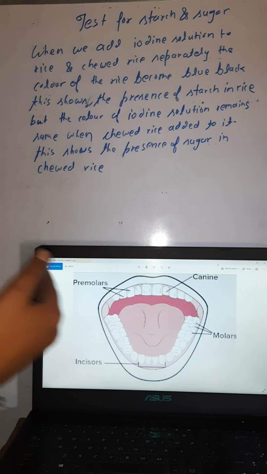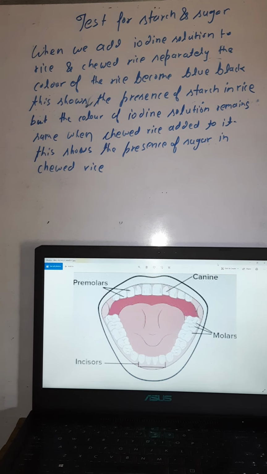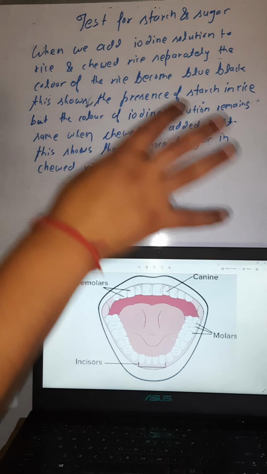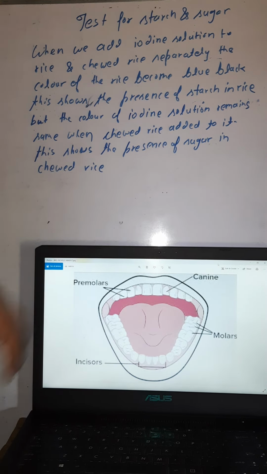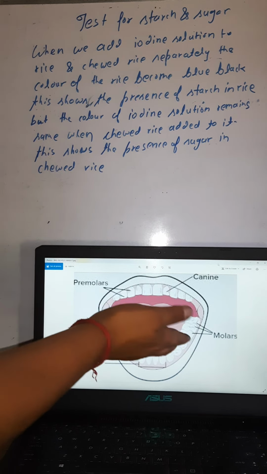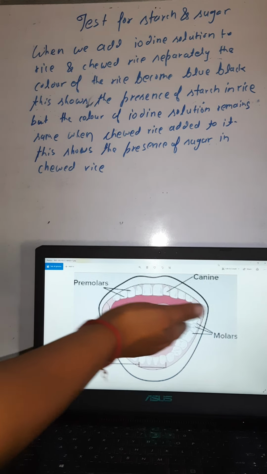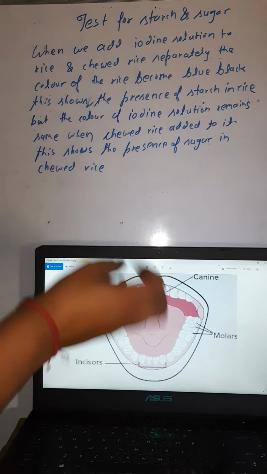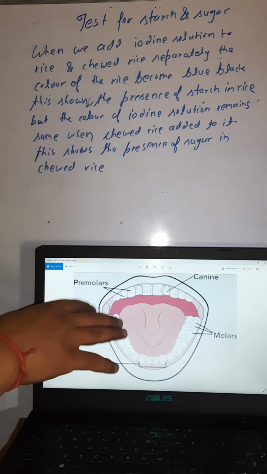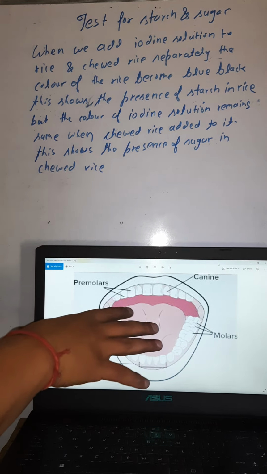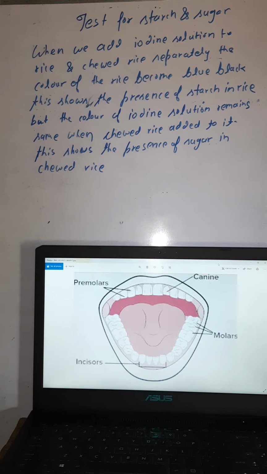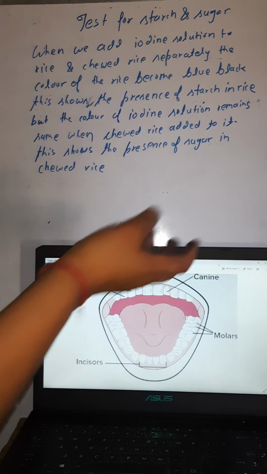So this is the process of tooth decay. That is why it is advised not to eat too many chocolates, because they contain sugar. If you are eating too many chocolates, sugar will be left over inside your mouth, and bacteria will attack and convert it into acid, and this acid is going to damage your teeth. That is why it is advised not to eat too many chocolates, or soft drinks also.